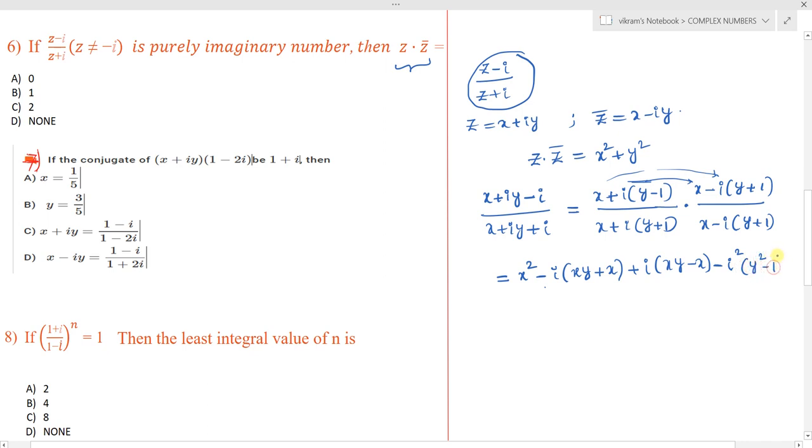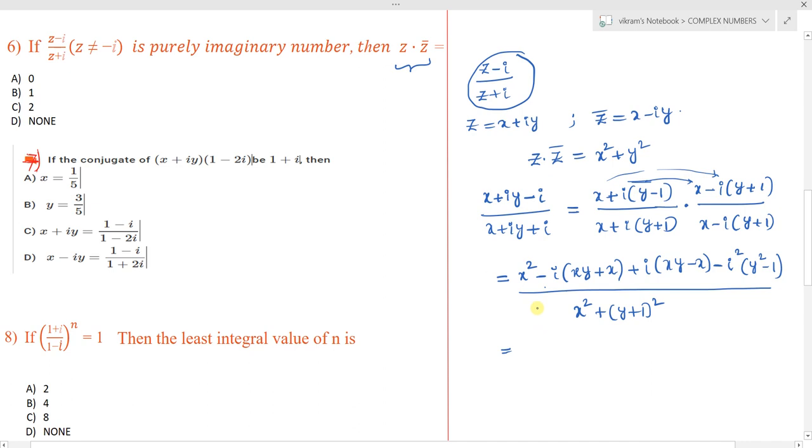Simply we can write this as a square minus b square, so y square minus 1. In the denominator, (a plus ib)(a minus ib) is nothing but a square plus b square, so x square plus (y plus 1) whole square.